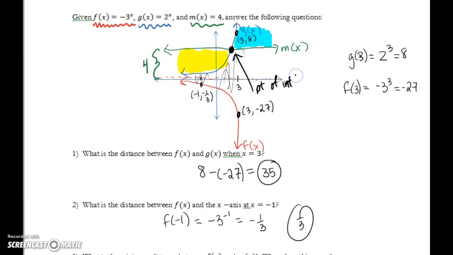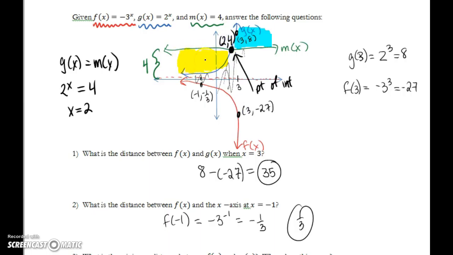We find out where the two functions are equal. So let's set g of x and m of x equal to each other. So g of x equals m of x when 2 to the x equals 4, or when x equals 2. So this point has an x value of 2. Now the y value is 4, but the y value is not so important.